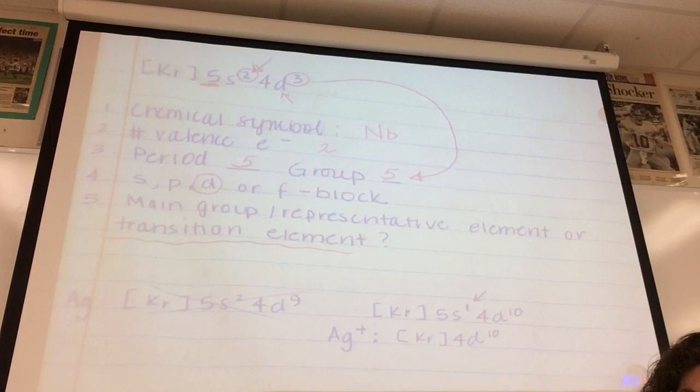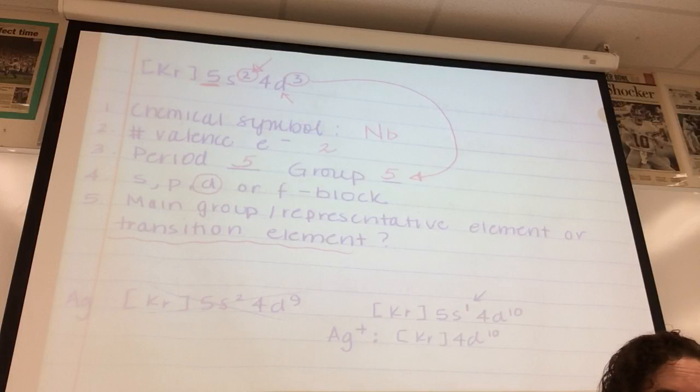You also see it in group 6 with chromium and molybdenum. Zinc would just be argon 4s2 3d10. Okay?